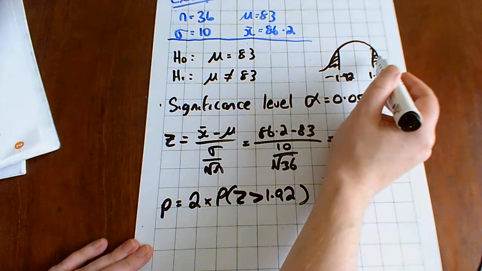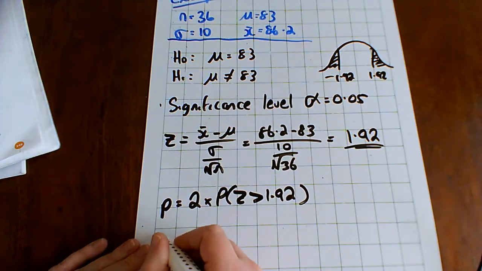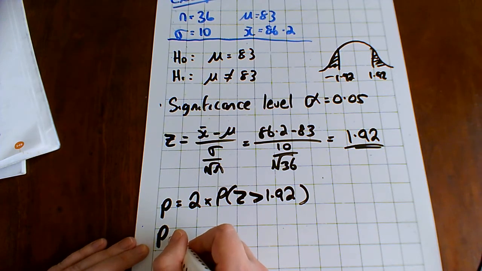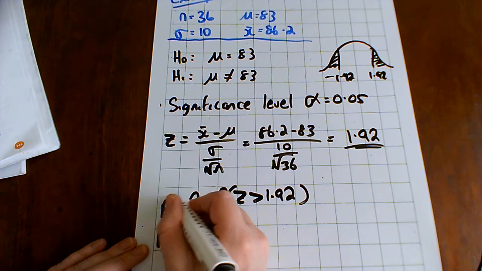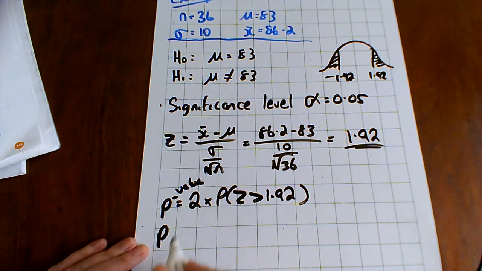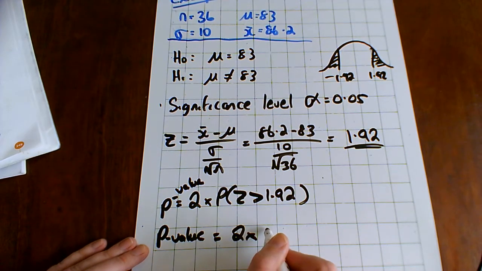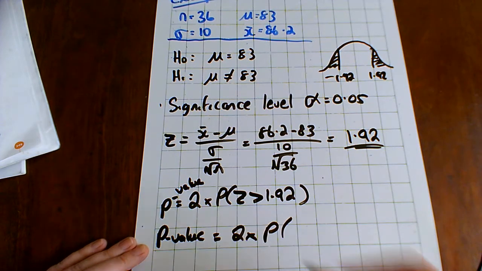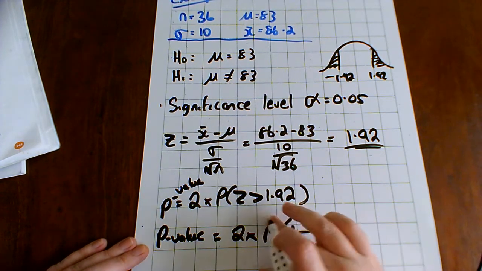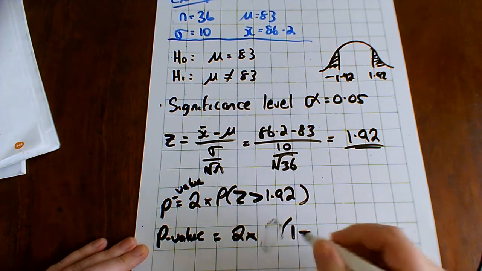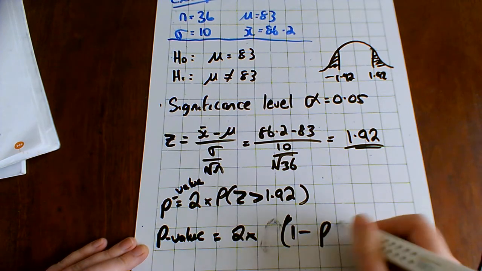Now to find that, we can't read that from our tables directly, so we have to say that our p-value, sorry, I should have said p-value just so you don't get confused with the probability, is equal to 2 times the probability, 1 minus the probability that z is less than 1.92.